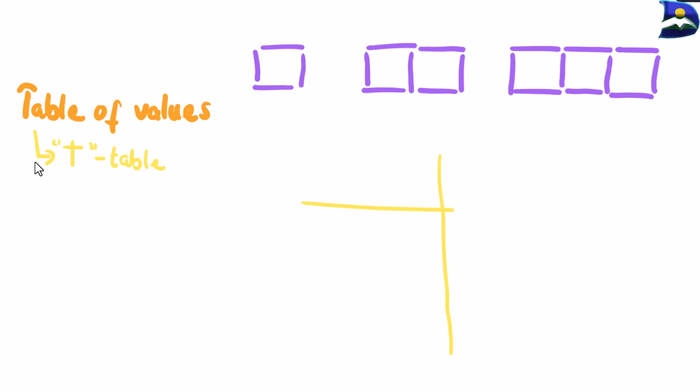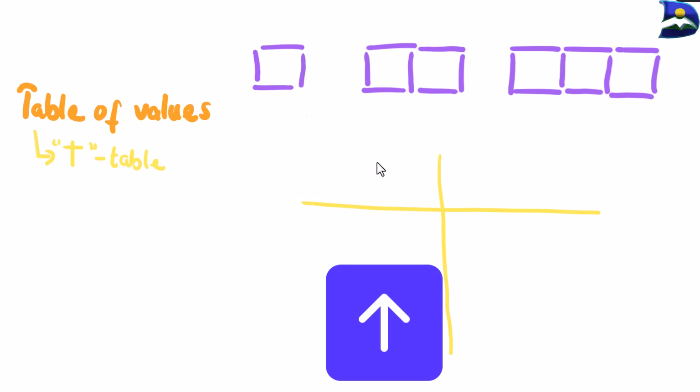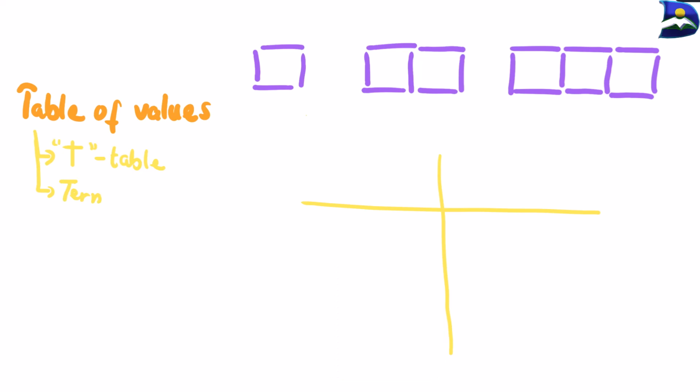It is just a T, where the left side, representing your left column, is known as the term number, and the term number is used to explain the numbers that lie on the x-axis.